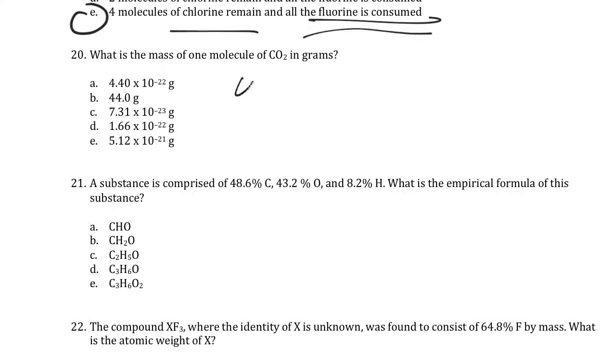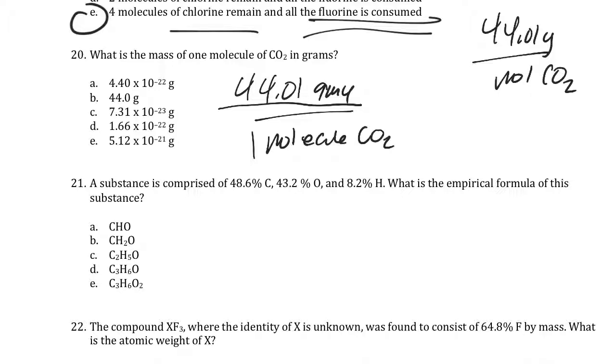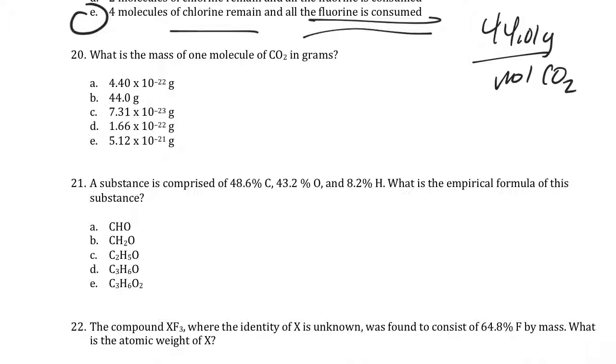We know it's 44.01, but that's either AMU per 1 molecule of CO2, or you can think of it as 44.01 grams per mole of CO2. Now, which one helps us solve this problem? Well, they both actually help, because you could say the mass of 1 molecule of CO2 is 44.01 AMU, and so you can take 44.01 AMU as the mass of 1 molecule, and then go to grams.